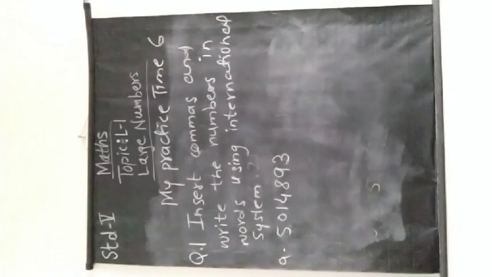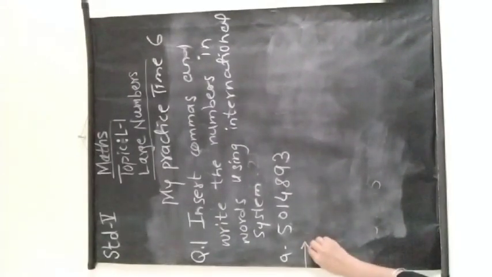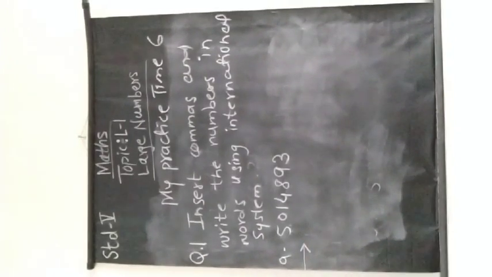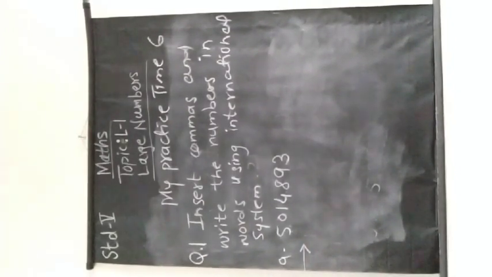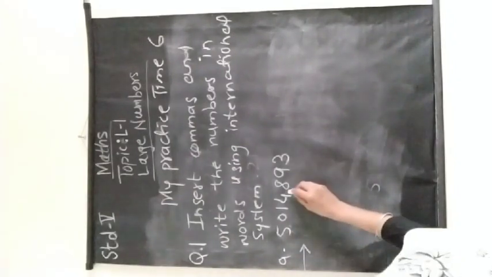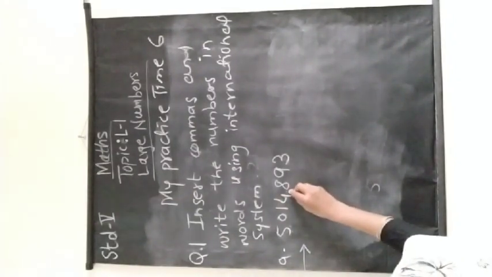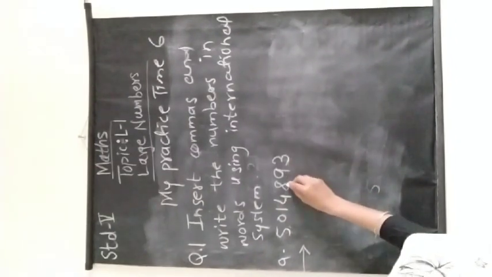Now, where do we give the comma? In the international system we complete the ones period first. Which period? Ones, tens, hundreds.